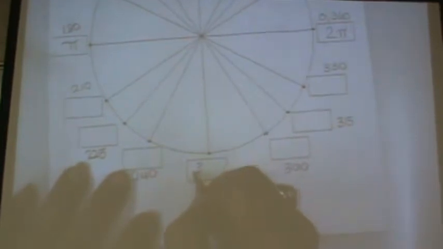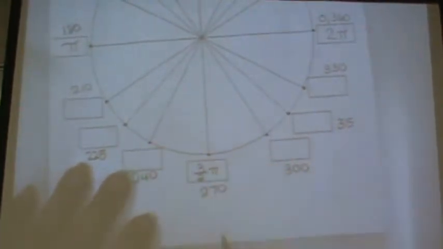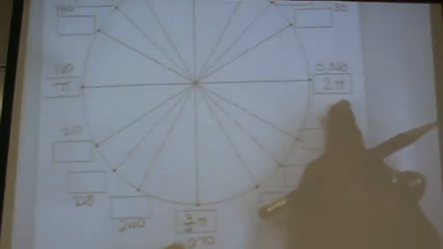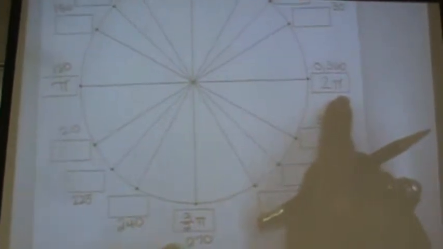So this is 1.5. You're gonna name this 1.5 as 3 pi over 2. Then 2 pi is going around.